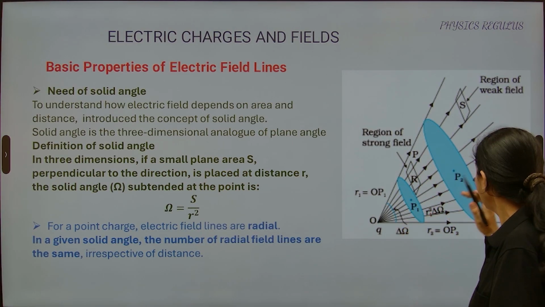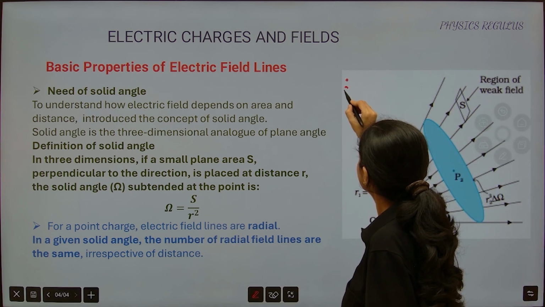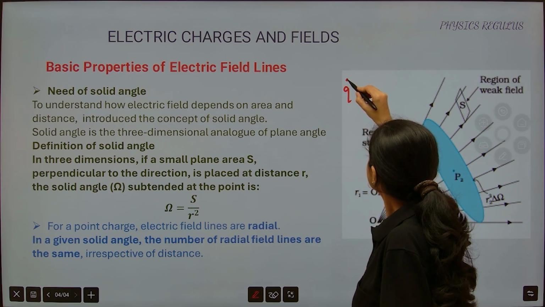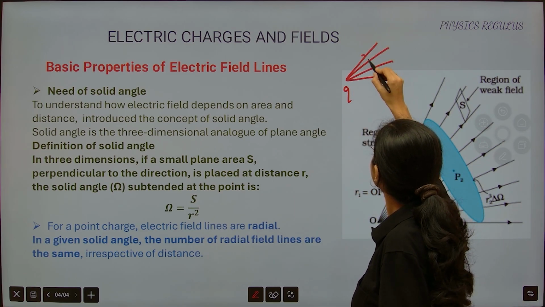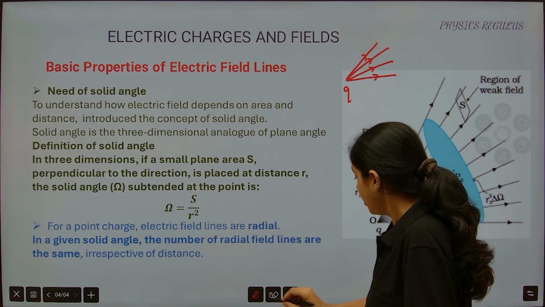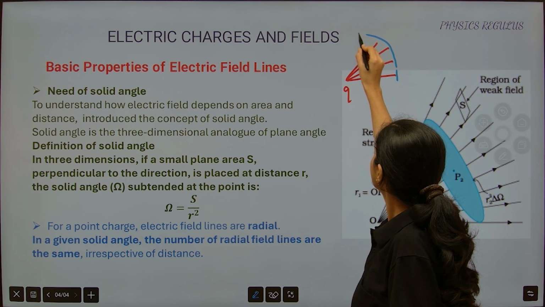For understanding purpose, I will draw one more diagram. Imagine a point charge Q, and these are the field lines due to point charge Q. For a point charge, field lines are equally distributed in all the direction. It is like a sphere. Imagine a sphere around point charge Q.